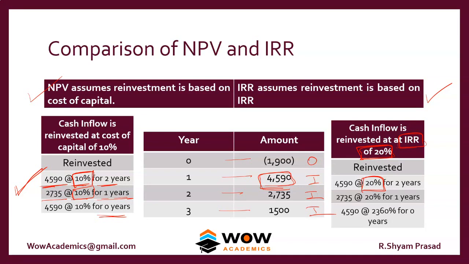The second project also will not give you this IRR. It will give you an IRR something like 15%. So how can we assume that we can invest at 20% in the same project? That is not possible at all. So this is an unreasonable assumption. Okay, that's why NPV is way better than IRR.